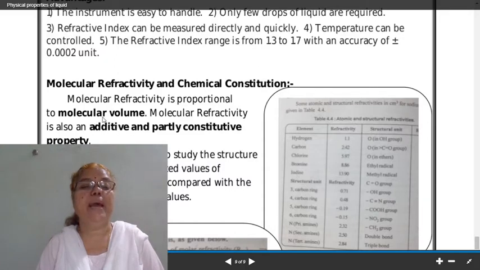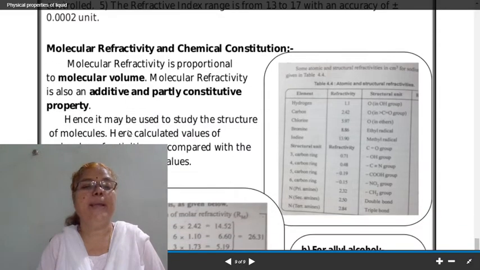That means the additive character gets modified due to constitution of the molecule, and such properties we call additive and constitutive property. Hence it may be used to study the structure of molecules. This molecular refractivity property is used in the study of structure of molecules.